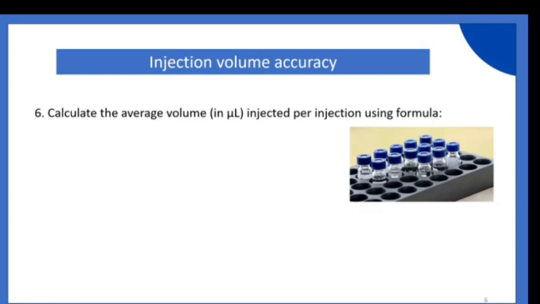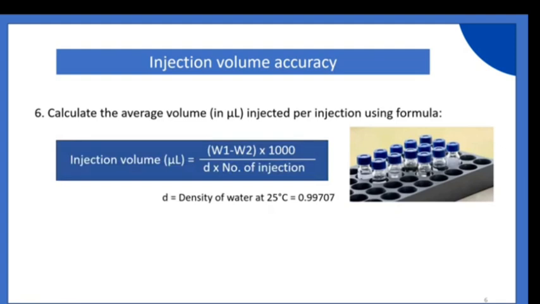Calculate the average volume in microliter injected per injection using the formula. So the formula is injection volume in microliter is equal to (W1 minus W2) into 1000 divided by density into number of injections. Here note that density of water at 25 degrees Celsius is 0.99707.